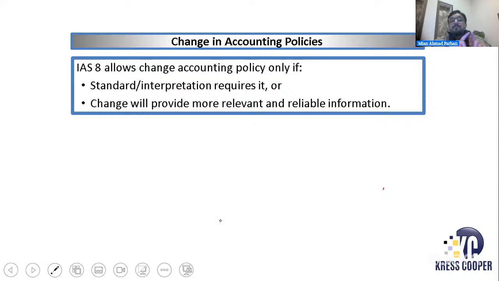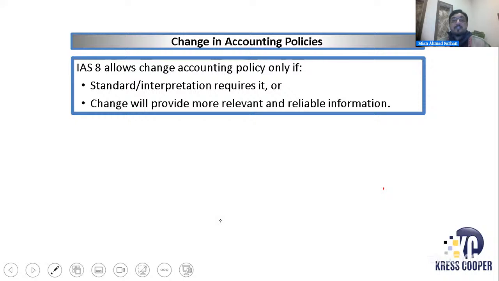Supposedly, the economic environment is based on inflation, or the inflation has been controlled, whatever it is, in which the entity assumes that from now onwards FIFO is not giving us the appropriate results.